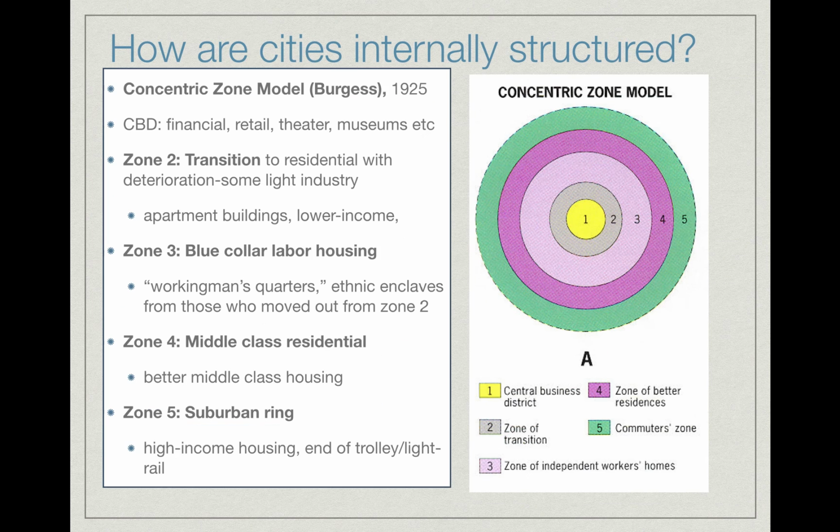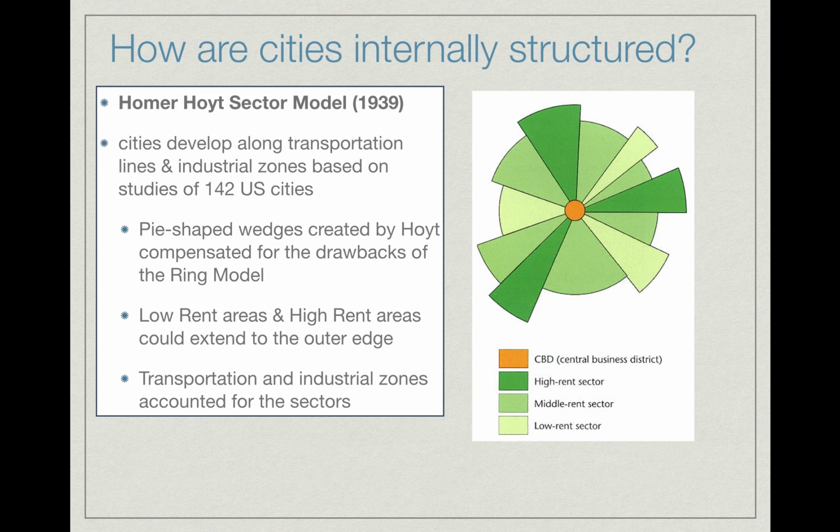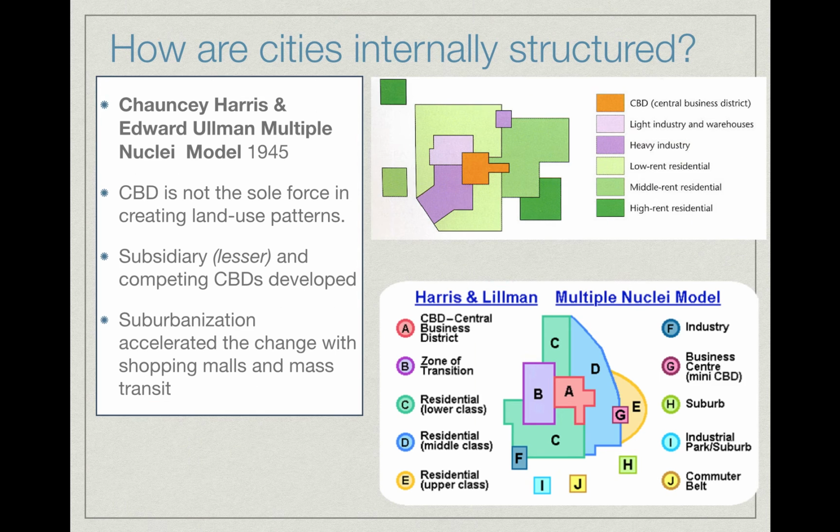You can see that for the concentric zone and the Hoyt sector model, we really have a lot of these different development patterns based around that single CBD. In the multiple nuclei model, we actually have the development of competing and subsidiary, meaning lesser, competing CBDs that are starting to emerge.